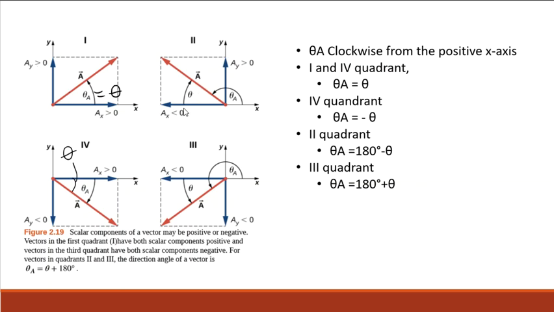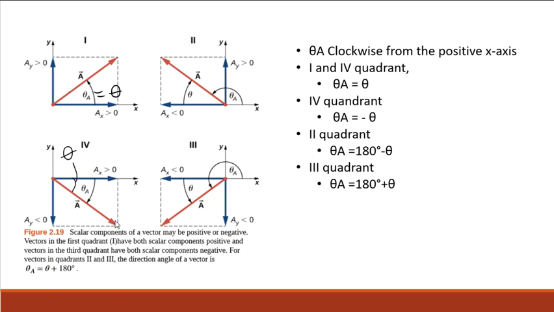Second quadrant means a negative x and a positive y. Third quadrant means a negative x and a negative y. Fourth quadrant is a positive x and a negative y.